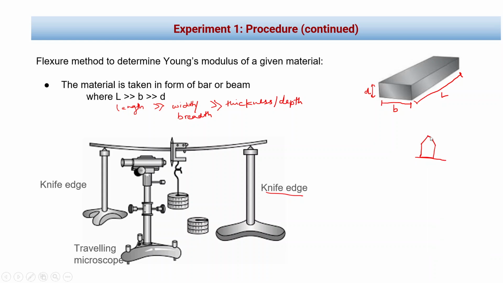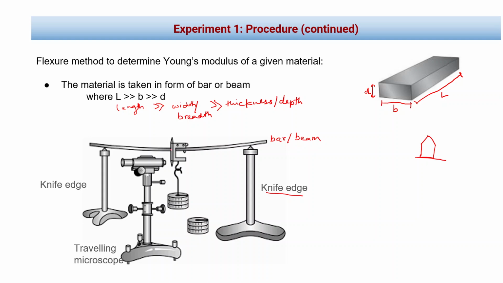Something like this is called a knife edge in experimental labs. As you can see, we have two knife edge stands, on top of which we are keeping our bar or beam. This bar or beam is made up of the material for which we want to find out the Young's modulus.